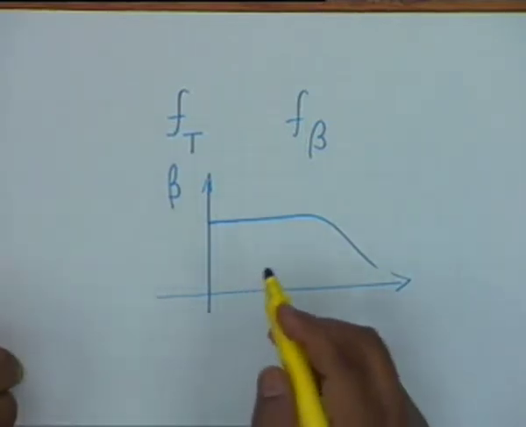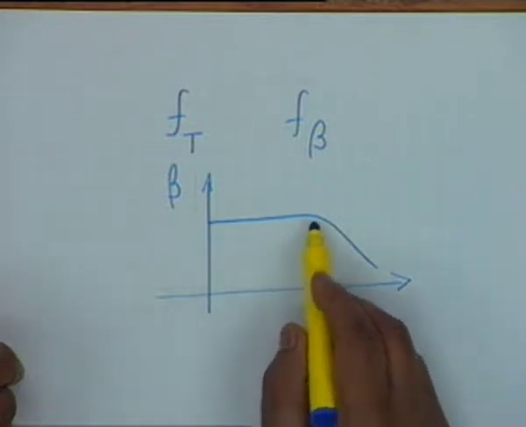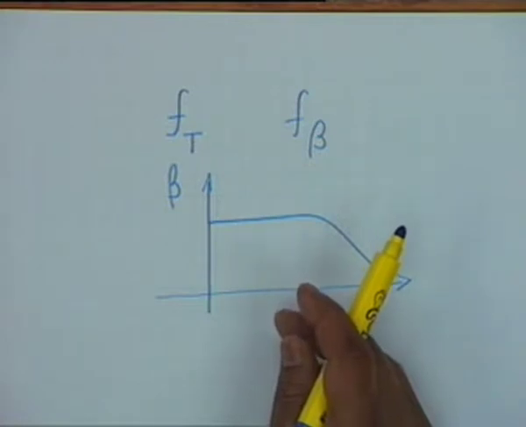That is, at low frequencies and at mid band, beta is a constant.